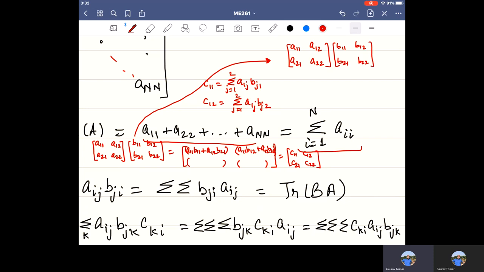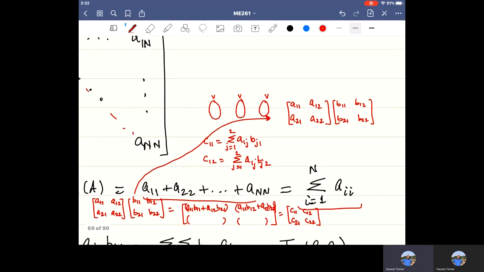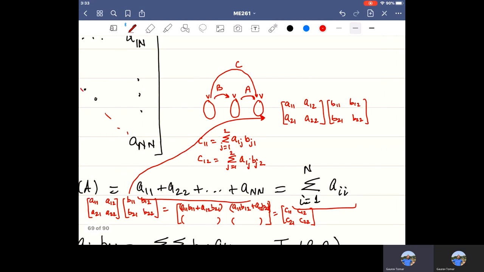These are of course two mappings, from V to V. In this case, V is R2, and you're mapping using first the B mapping and then the A mapping. Now you want to get the entire mapping in one shot using some C matrix. That's the objective.